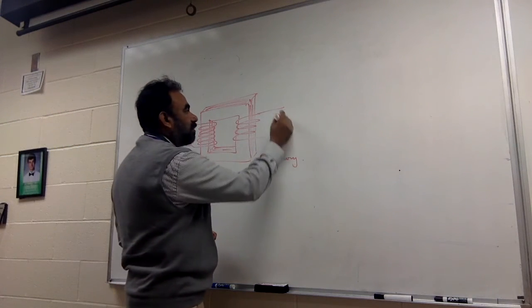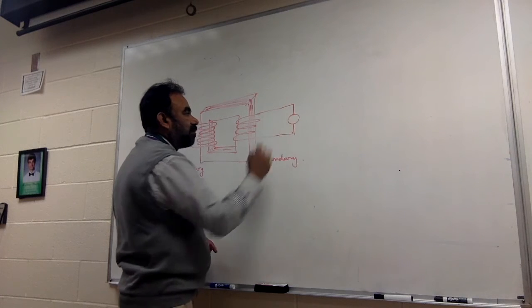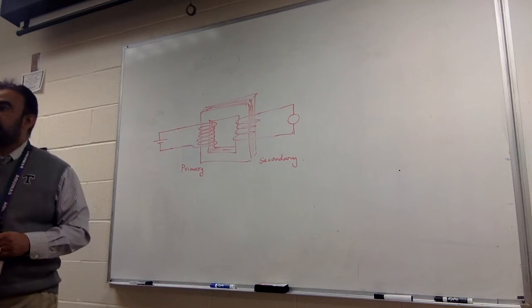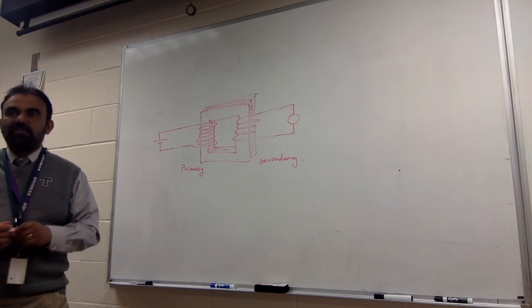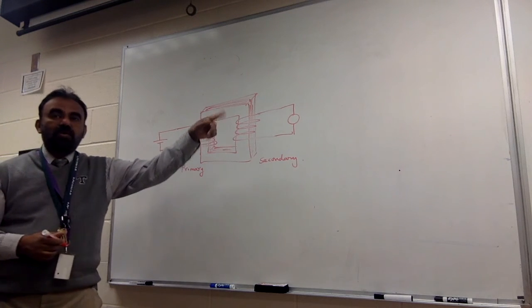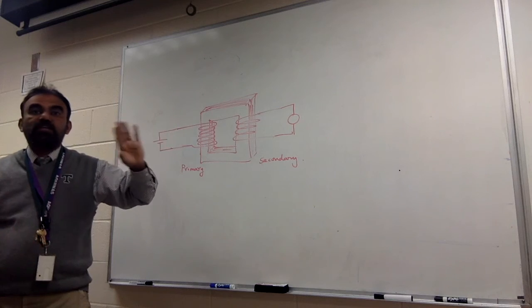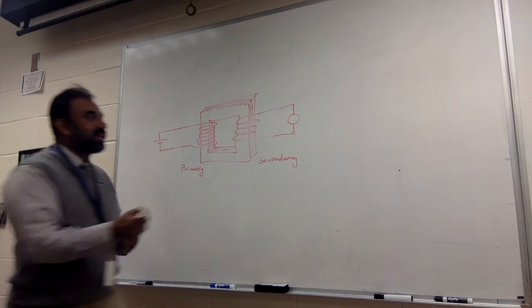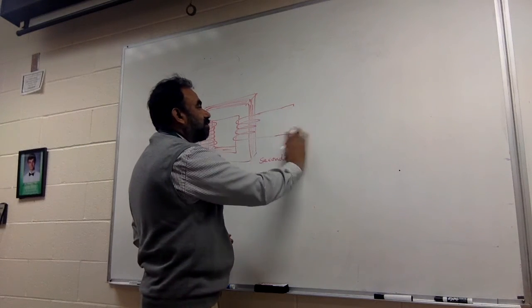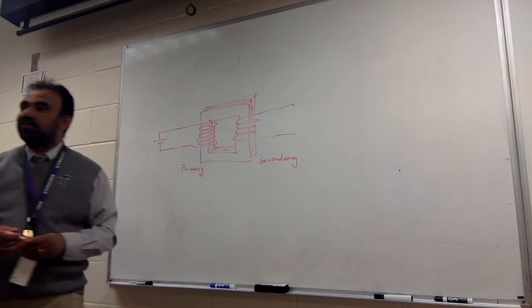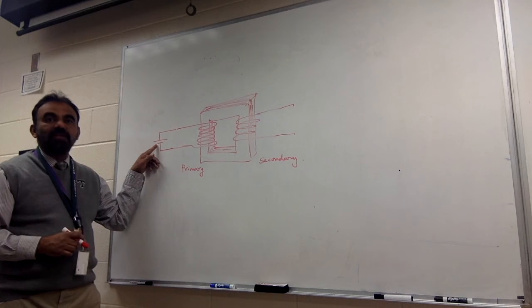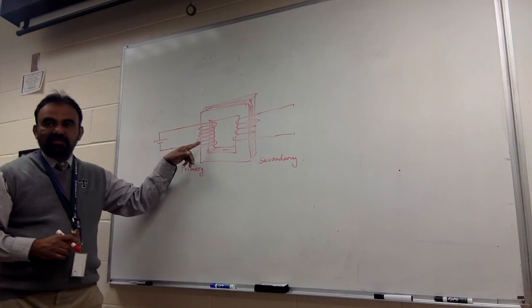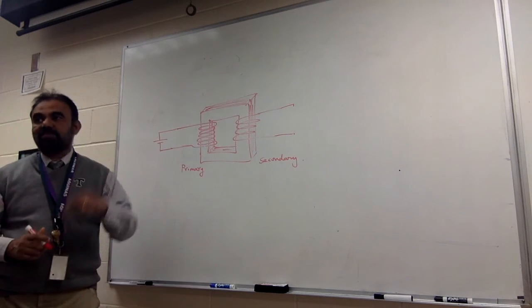So if I connect a meter here, what will happen to the meter? It'll go up and then come back to zero. As soon as you connect this thing, it will go up, and then after that come back to zero, and it won't show any deflection. So what is the output voltage here? Nothing. You won't get any output voltage here. Why? Because the DC will not change the flux. It will create a steady flux.